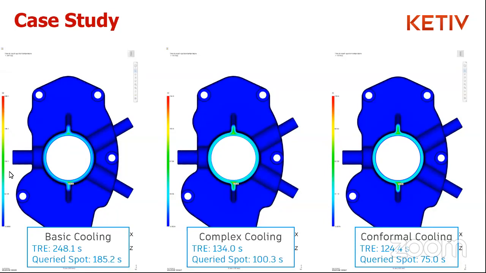Compare that to the conformal results. That same spot now cools in 75 seconds. So right off the bat with your first pass, you have a 25% improvement in the cooling.